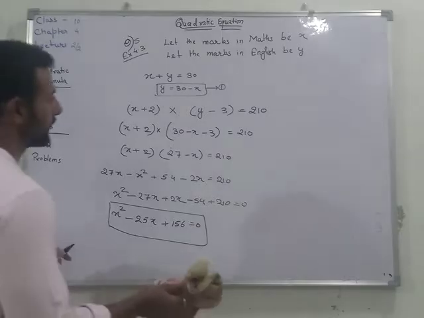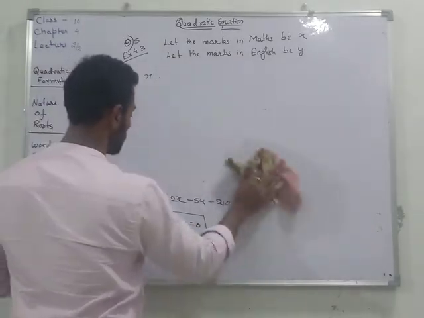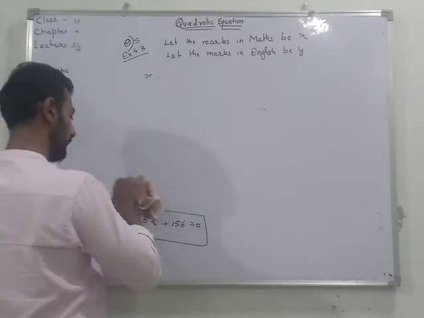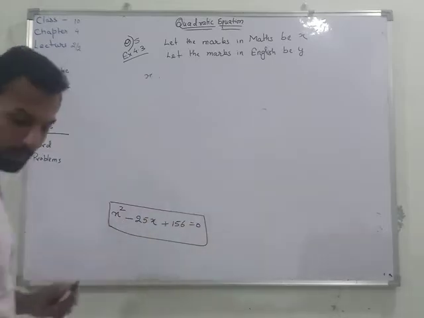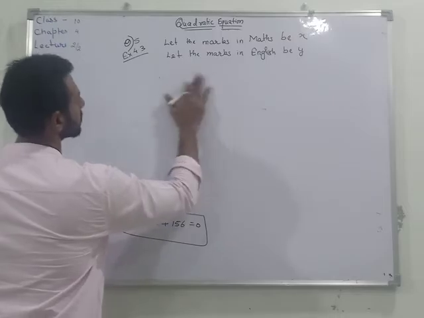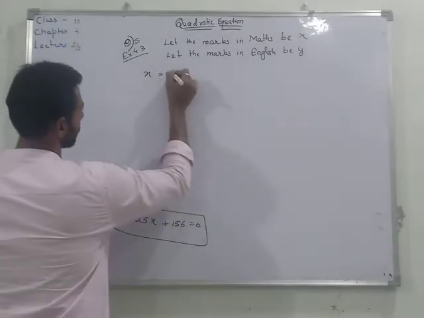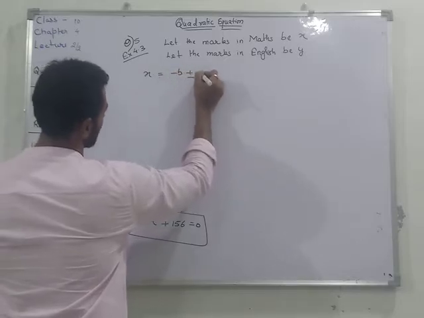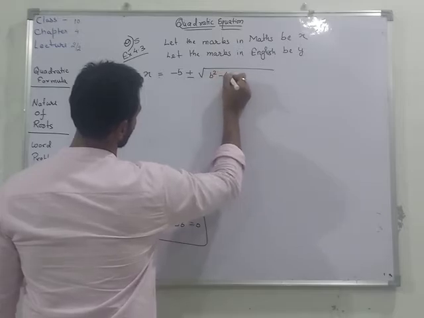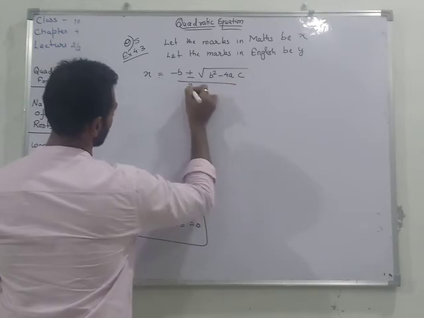We can solve this quadratic equation with the help of the formula method or by splitting the middle term. Let us use the formula method. The formula says x is equal to minus b plus minus under root of b square minus 4ac upon twice of a.